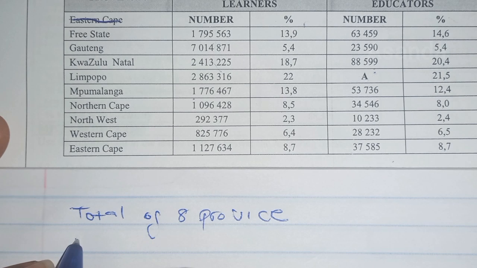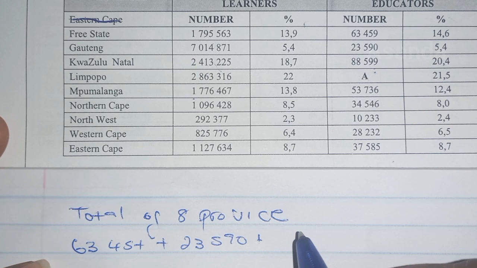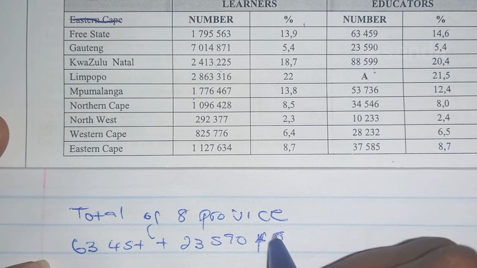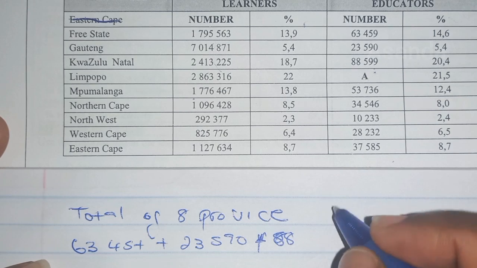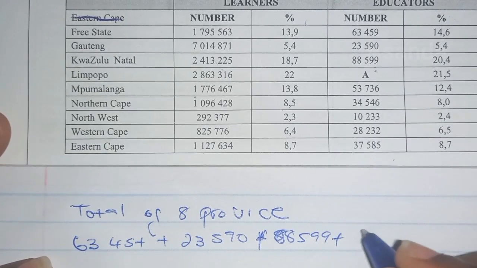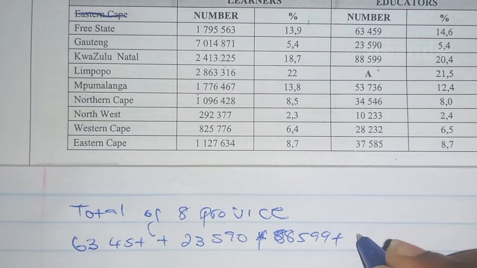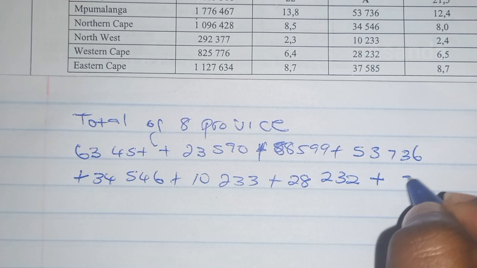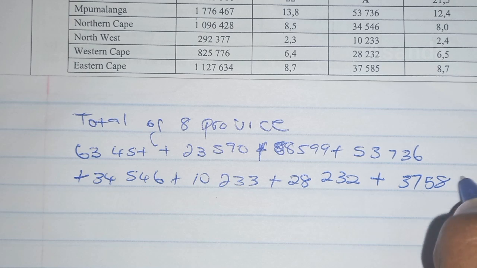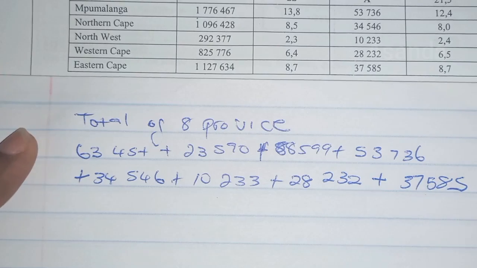So I'm going to say 63,459 plus 23,590 plus 88,599 plus 37,500 585.